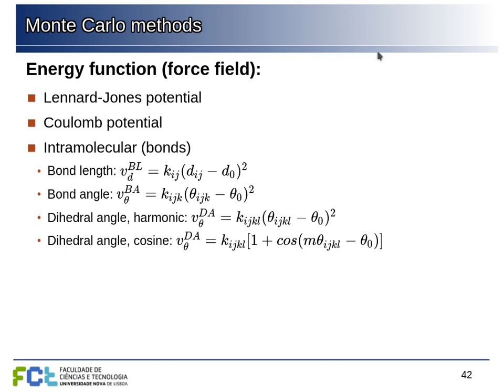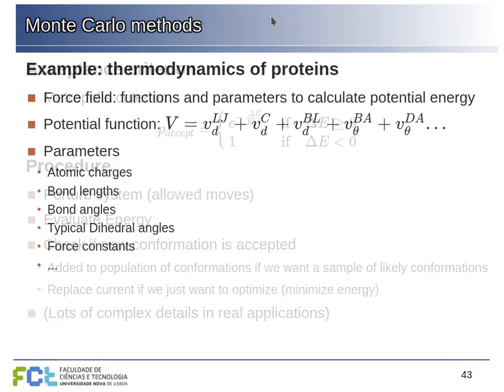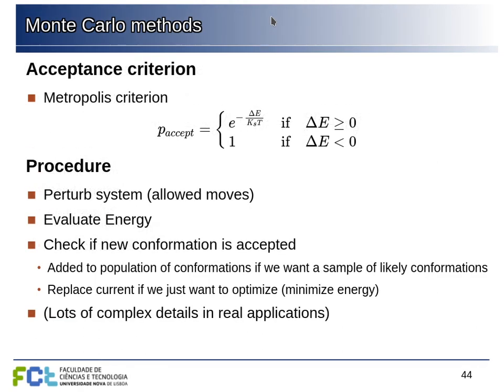So taking these together, we can create a potential function, something that tells us the energy of each conformation, depending on the charges of the atoms, the typical dihedral angles, and so on. And we could evaluate the energy for each conformation after inserting those perturbations. And now we decide whether or not we're going to accept this new change.